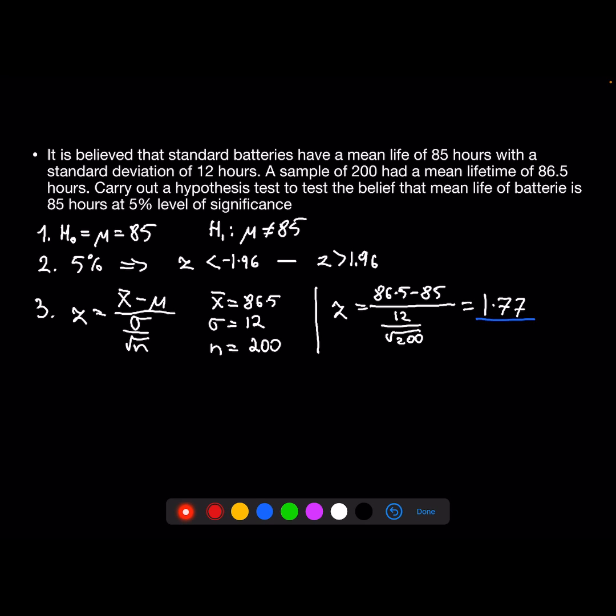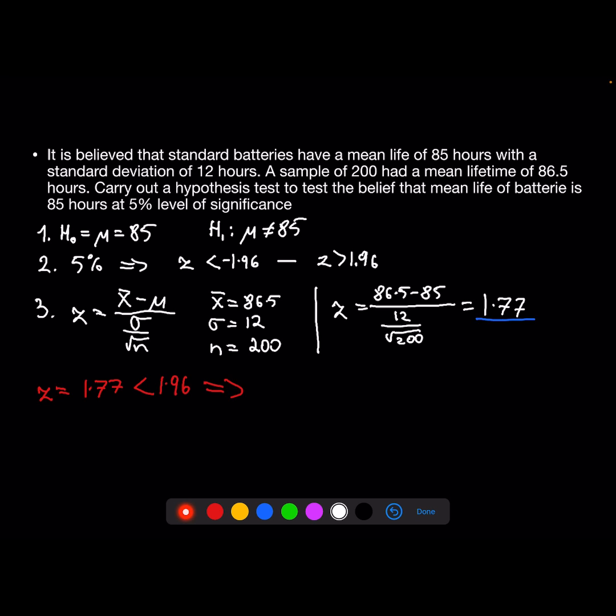Now I'm going to state that z equals 1.77, which is less than 1.96. And as a result, I can say that the test statistic z is not in the critical region for rejection of the null hypothesis.